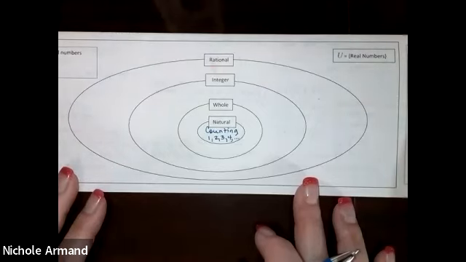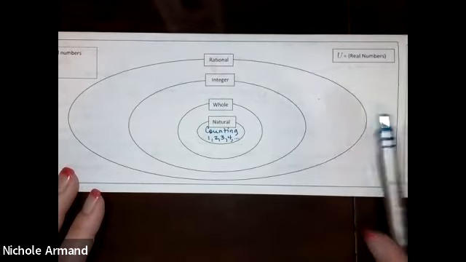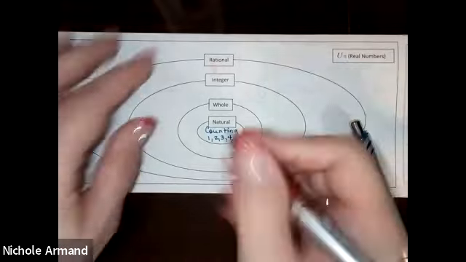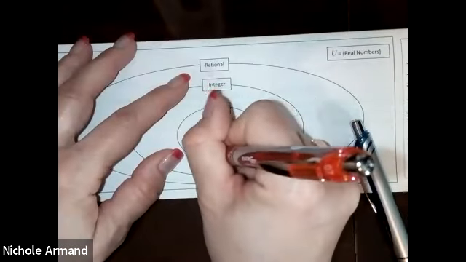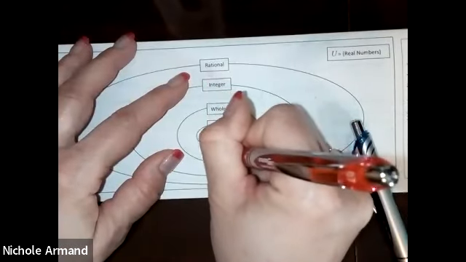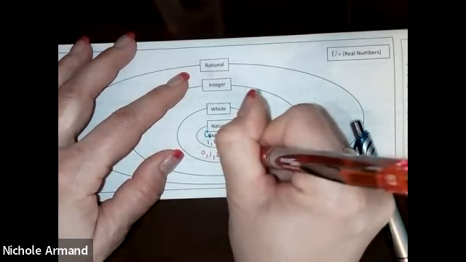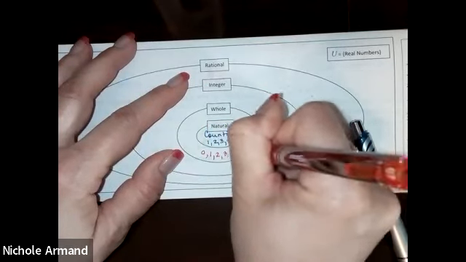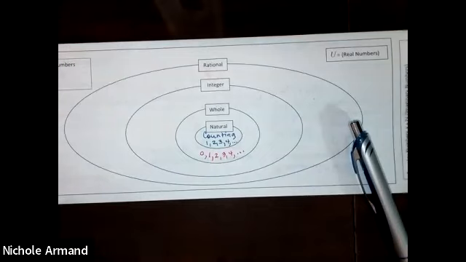The whole numbers are almost the same as the natural numbers. The whole numbers have one more number in them that the natural numbers do not have. Inside the whole numbers, we have 0, 1, 2, 3, 4, and so on.